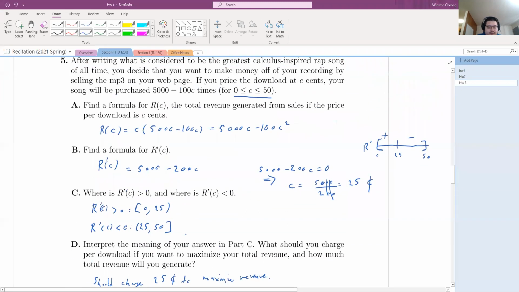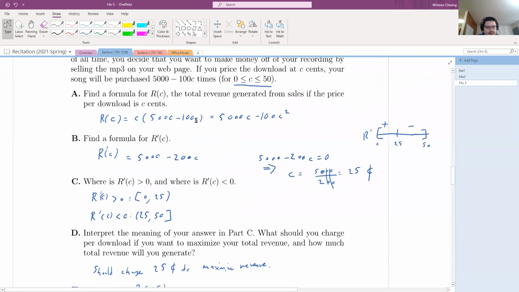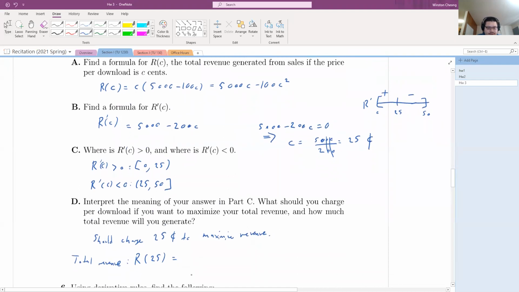And that formula is right here. So I'll just write it down. 25 times 5,000 minus, I think I can calculate this mentally. Yeah, so 25 times 25,000 or 100, yeah, 62500, I think.